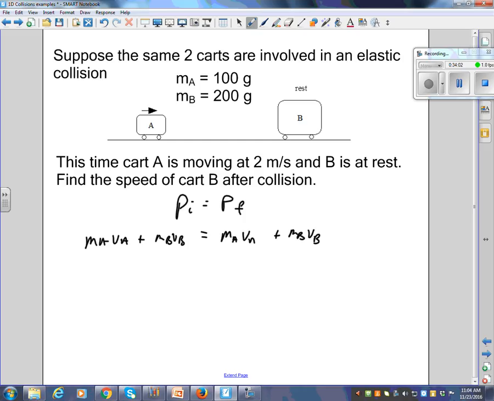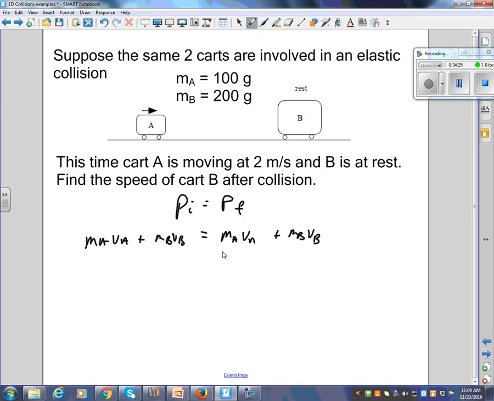Now, I just wrote the same thing on both sides of the equal sign. Is the velocity here A, and this VA is equal to, is it going to be the same as this VA? It's not, right? They're not going to be the same. So they can't be left as the same variable. We need some way to distinguish one as prior to collision and one to after collision.